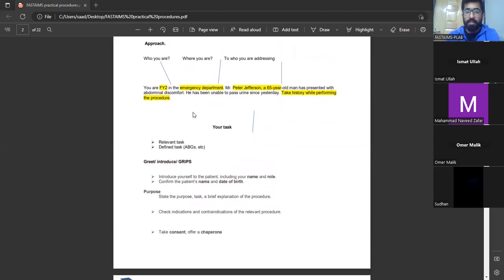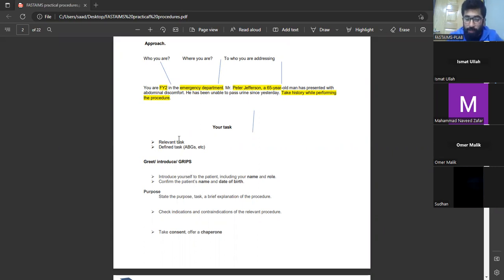Okay, relevant and defined tasks. I have divided our tasks into 2 subgroups: relevant tasks and defined tasks. In some scenarios, like here, it says take history while performing the procedure, or perform relevant task. If it's written that you have to perform a relevant task, then you have to take minimal history. You have to prove that you are going to perform this procedure.